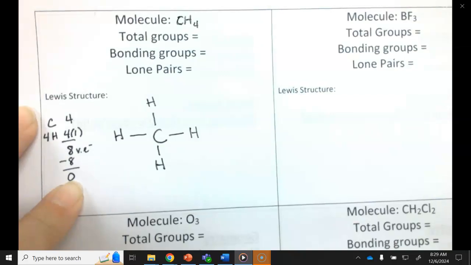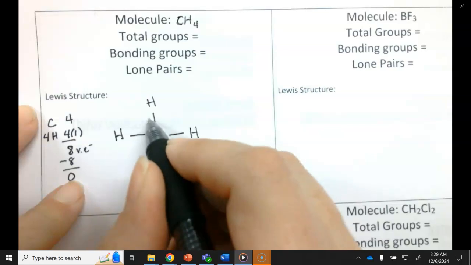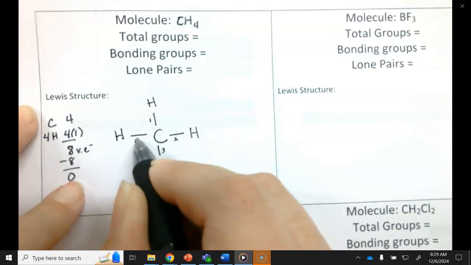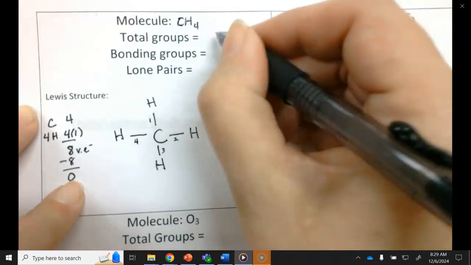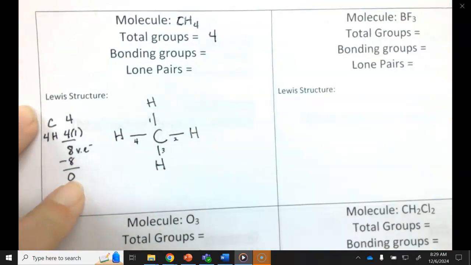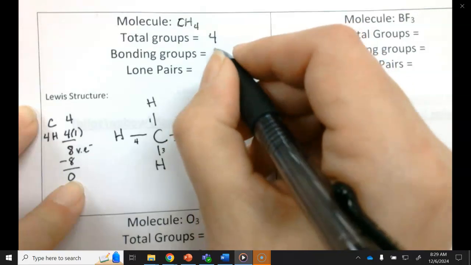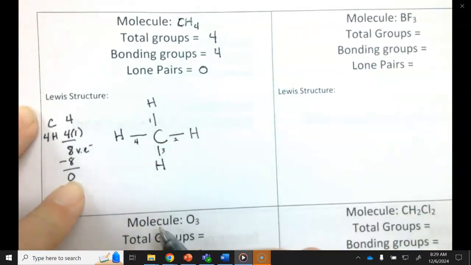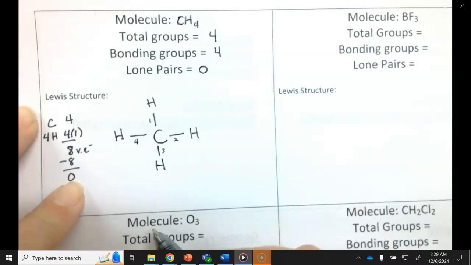So I'm going to count just the areas of electrons around the center. So I have 1, 2, 3, 4 areas of electrons. So I'll put 4 for my total number of groups. And then, because I'll need this later, I'm going to figure out whether they are bonding groups or lone pairs. They're all bonds, so all 4 are bonds, and that means none of them have any lone pairs.